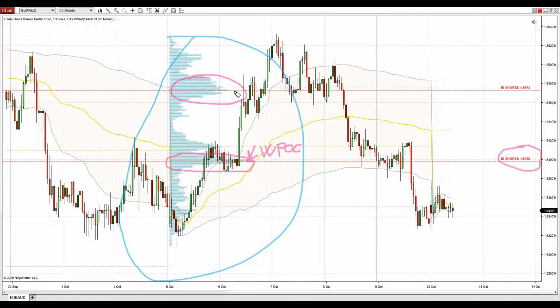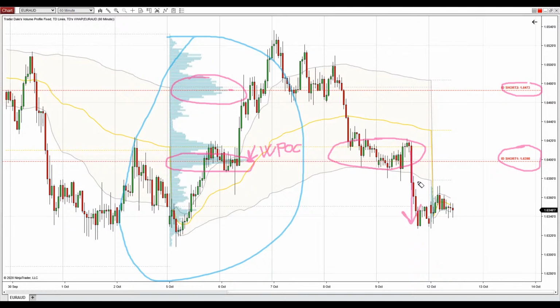And then also the second heaviest volumes throughout that week were in here at 1.6473. So what happened at the weekly point of control is this rotation from which strong sell-off started in here.